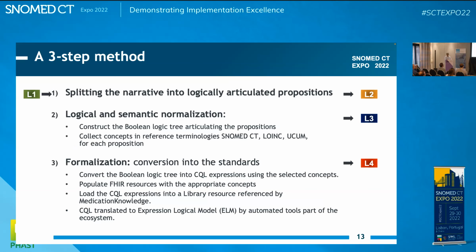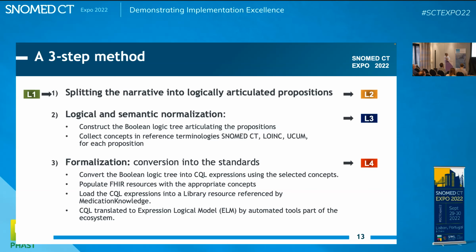So focusing with a little more detail on this. We have taken a method of 3 steps. The first step is splitting the narrative into logically articulated propositions. We'll see all that in an example afterwards. And so this takes the indication to level 2.